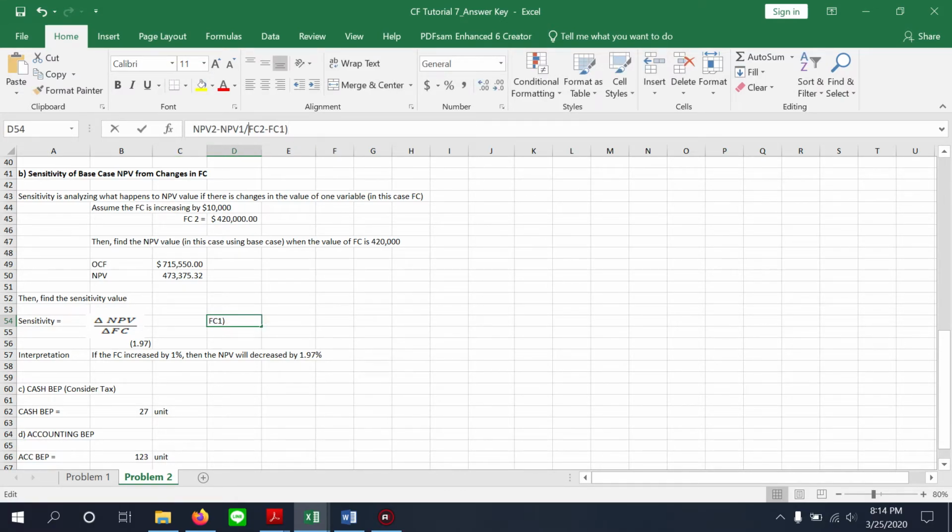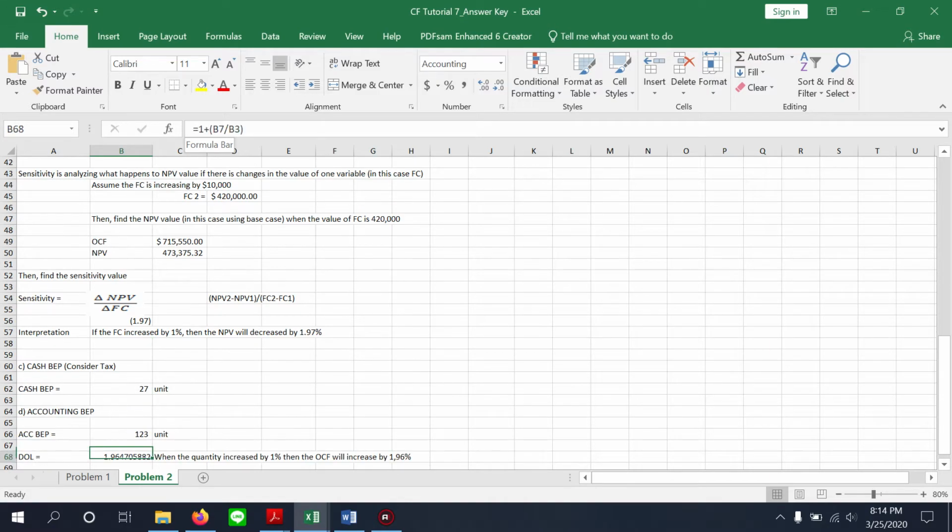This formula tells you how a change in fixed cost will affect your NPV. In this case, it is a negative 1.97, meaning that if the fixed cost increases by 1%, your NPV will decrease by 1.97%. And that's all there is to it.